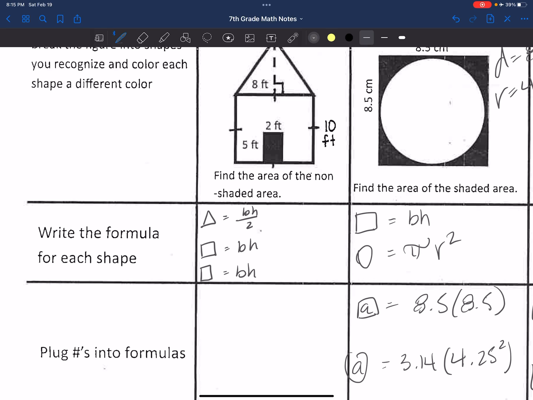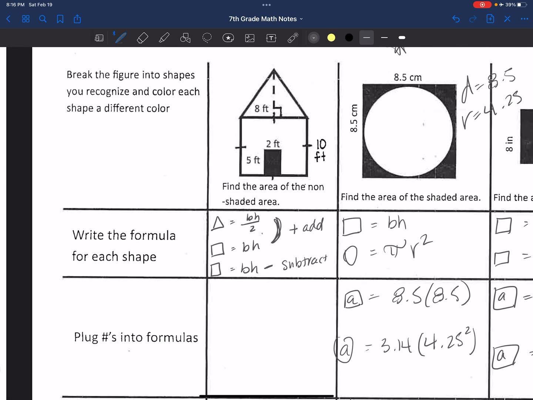So I actually have 3 different areas I'm dealing with here. I'm going to add the first 2 together and then subtract this guy, my door, to find the total area of the non-shaded region, right? Because this is non-shaded, not shaded.